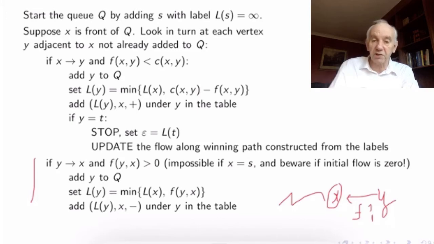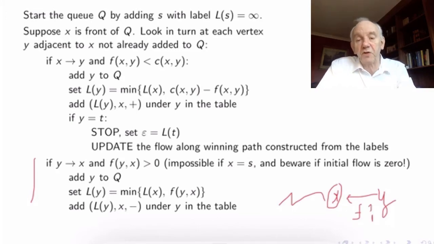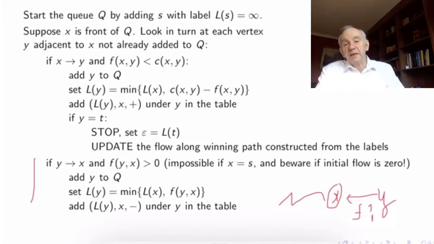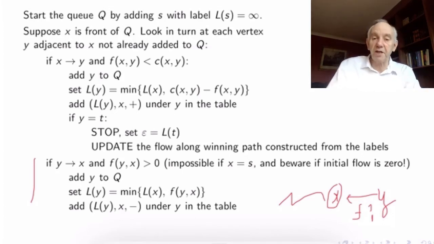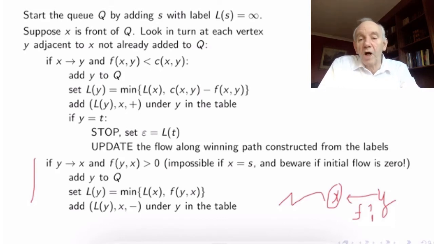That's nothing to do with the capacity. The capacity would have to be positive, obviously, which it is. But the question is, is there non-zero flow from Y to X? If there is, we can reduce it.